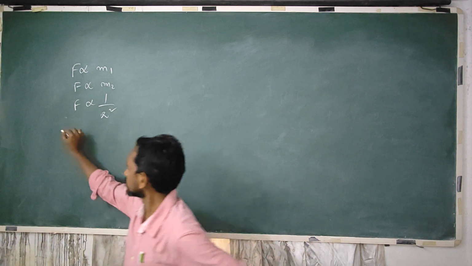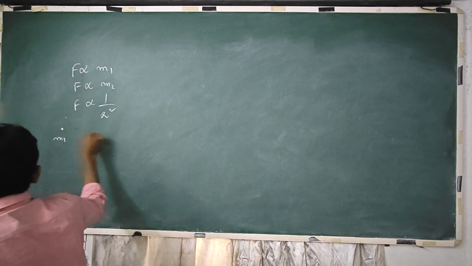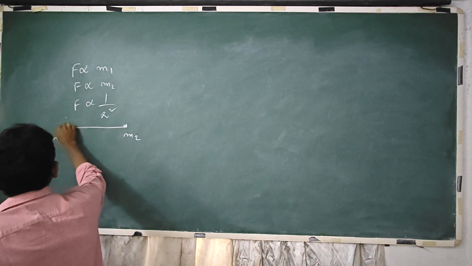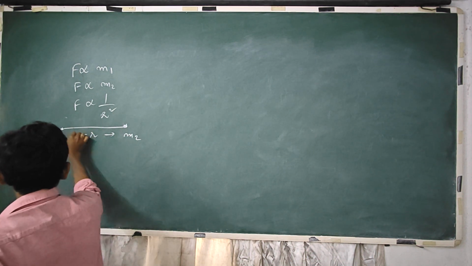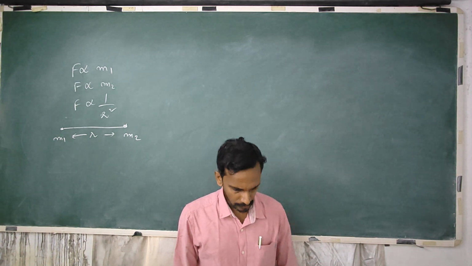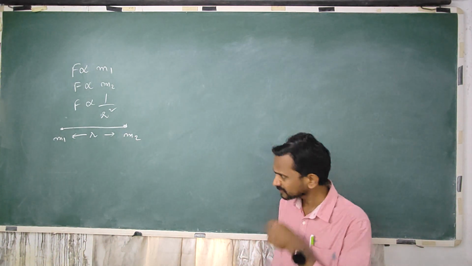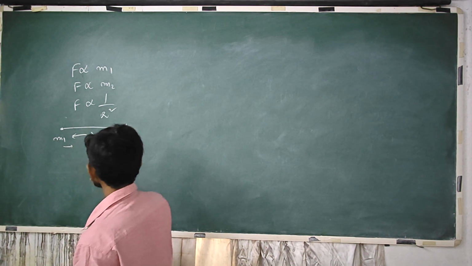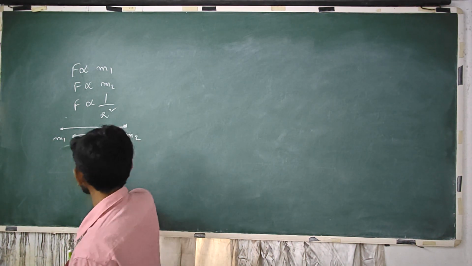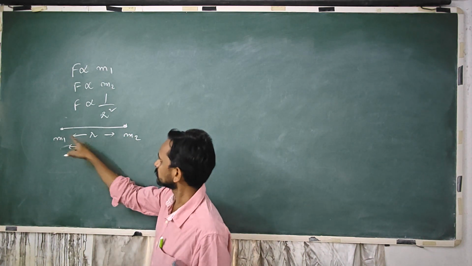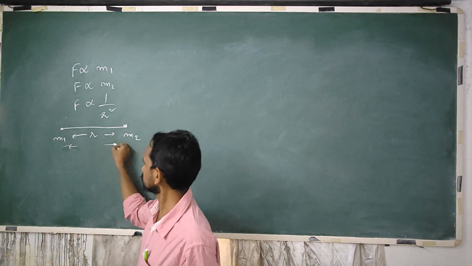Okay. So whatever you are considering, the two objects are assumed to be point objects, and let's say the separation between them is r. So this object is pulling the other one in this direction, and m2 is pulling m1 towards itself.